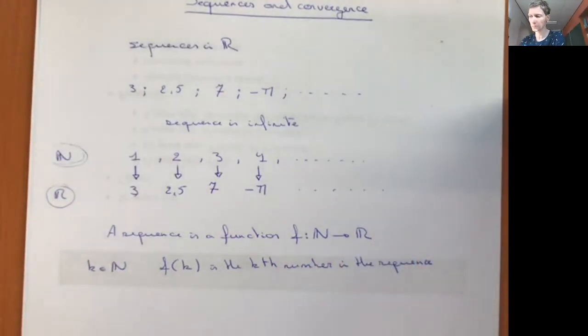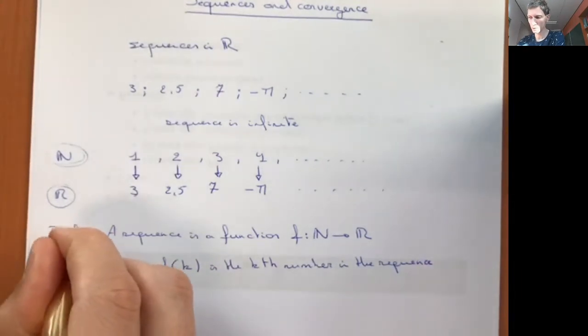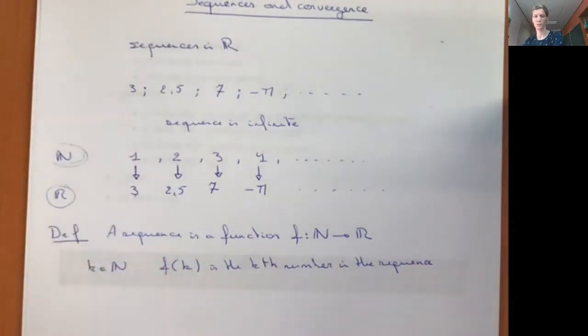So this could be used as the formal definition of a sequence. It's simply a function from N to R.